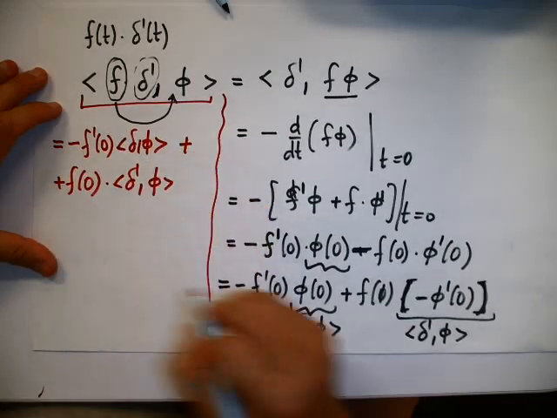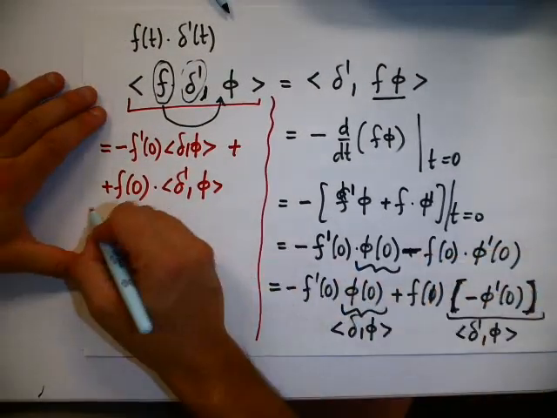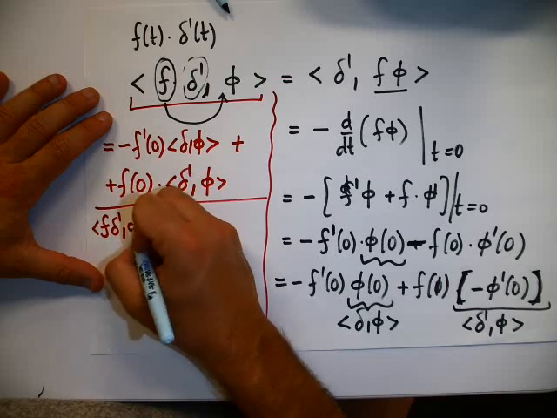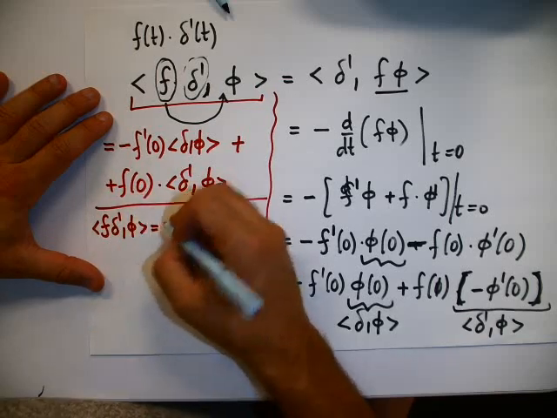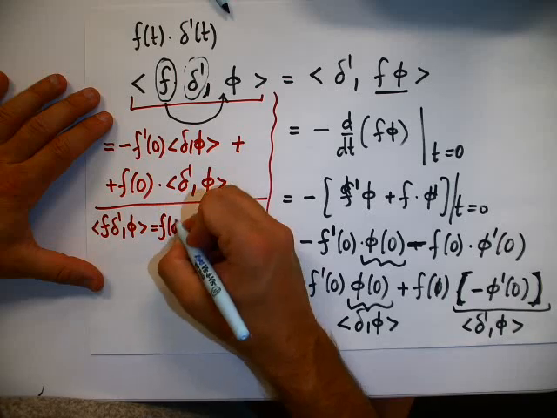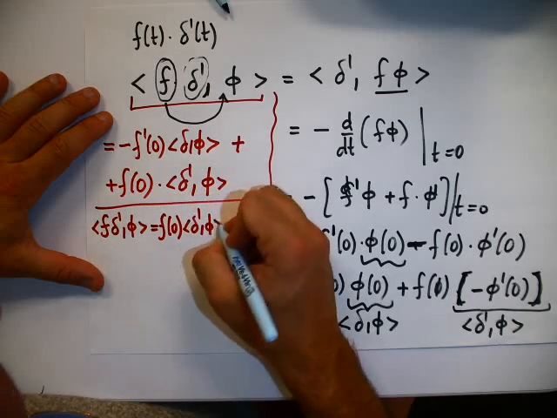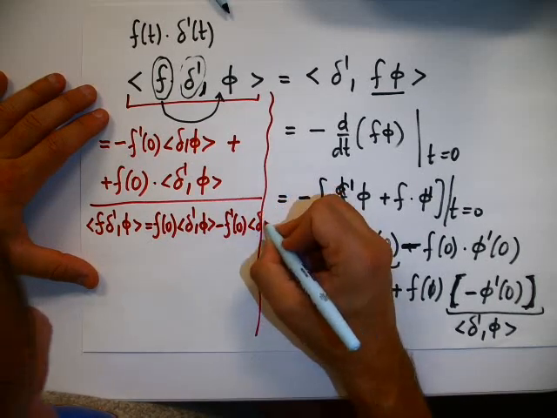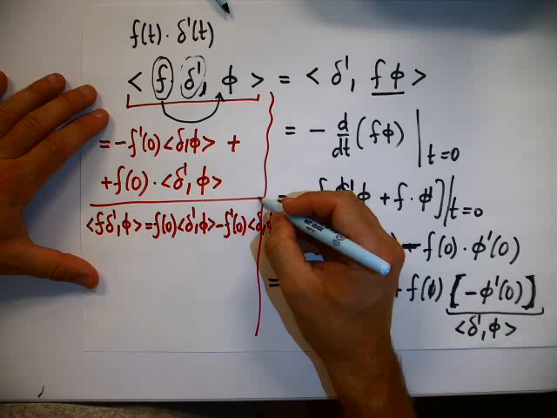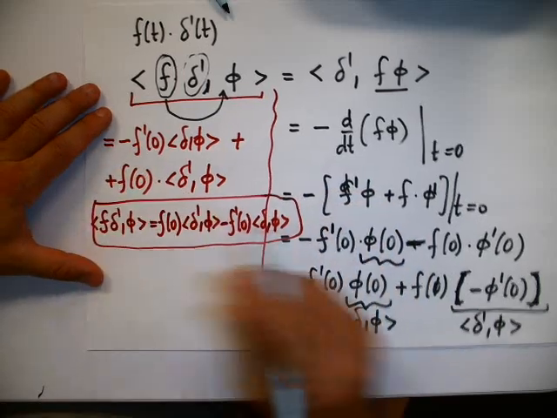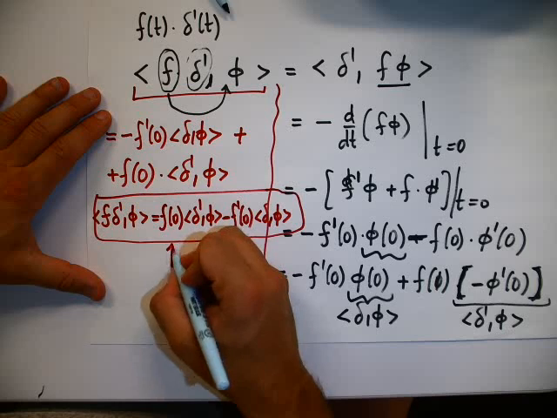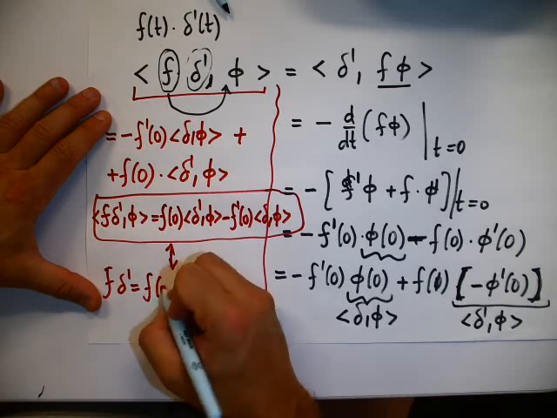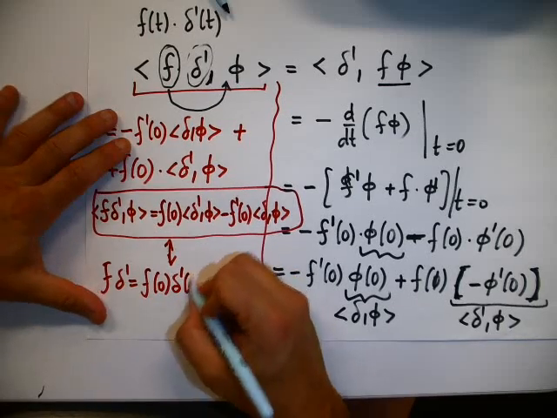So what did we show, basically? We showed that f delta prime comma phi is equal to f(0) delta prime comma phi minus f prime(0) delta comma phi. That's what we showed. But this is equivalent to f delta prime equal to f(0) delta prime(t) minus f prime(0) times delta(t).